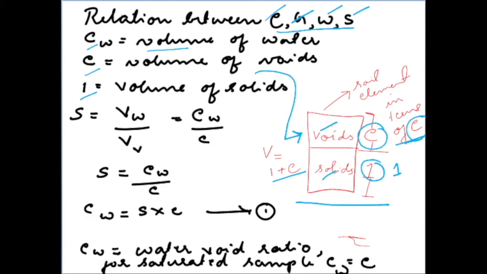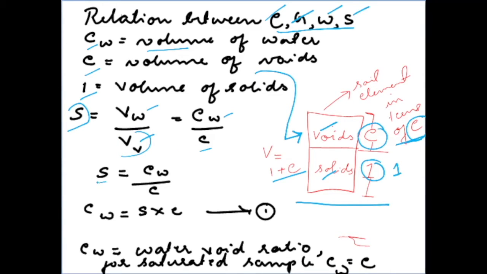From the previous lectures we know the definition of S. S is nothing but the degree of saturation, which is volume of the water by volume of the voids. Now volume of the water can be written as e_w, because for this derivation we say that e_w is the volume of the water, and volume of the voids can be written as e.